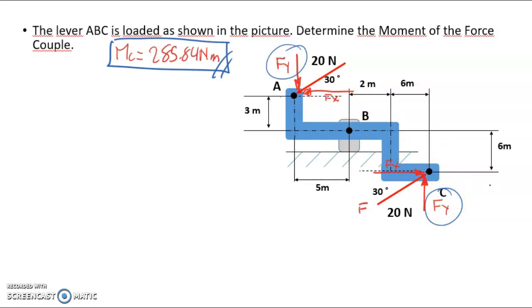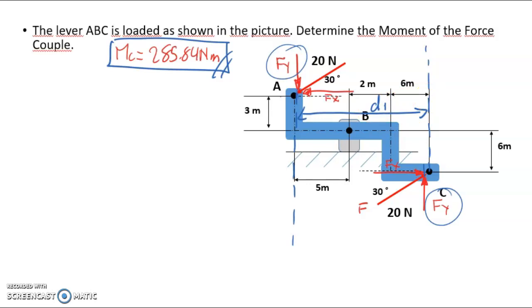So if we wanted to obtain the moment of that couple, that would be the force times the distance between them, or between their lines of action. That means this distance. We can call that distance 1.